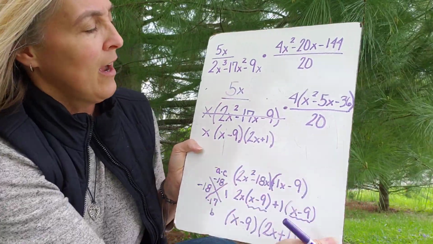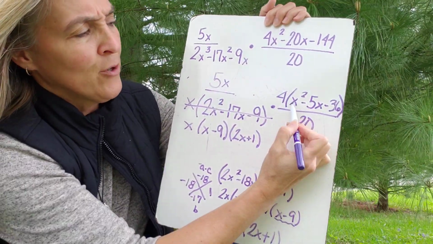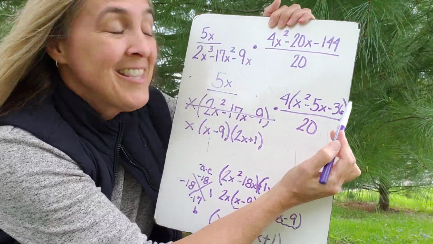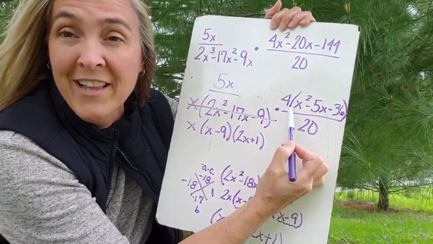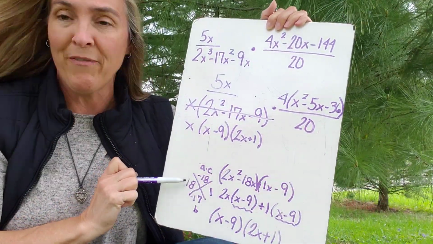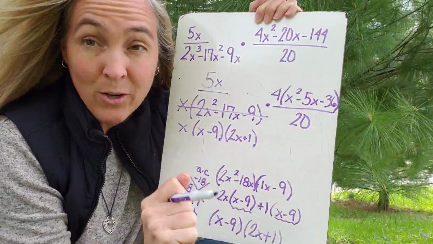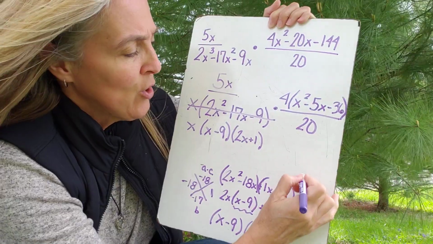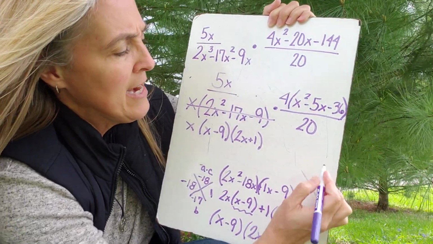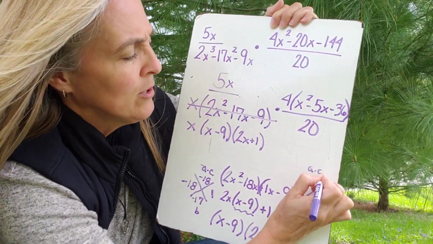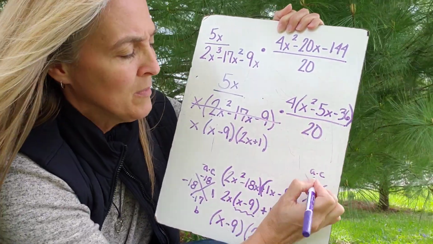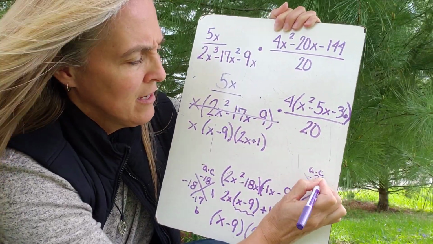Over here, I'm going to have to factor this as well. The good news is this has a lead coefficient of 1. So as soon as I do my factoring, I can immediately put those in the 2 parentheses since the lead coefficient is a 1. So my x here, a times c, goes at the top, and that would be 1 times negative 36.